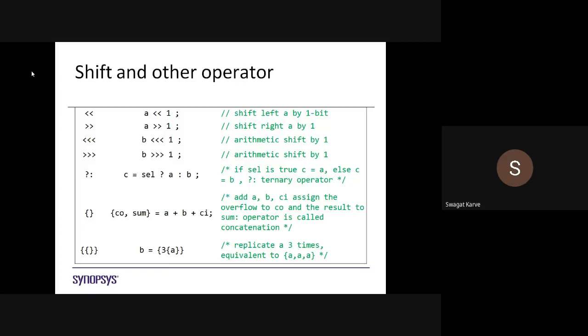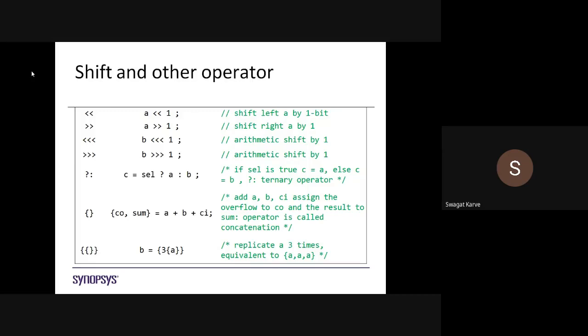0110, because we have to shift that 1 bit to the left-hand side. So the last bit will get shifted to the left-hand side. This is the shift left operator. Similarly, double greater than sign will be shift right by 1 bit. Similarly, triple less than sign will be arithmetic shift by 1 bit.